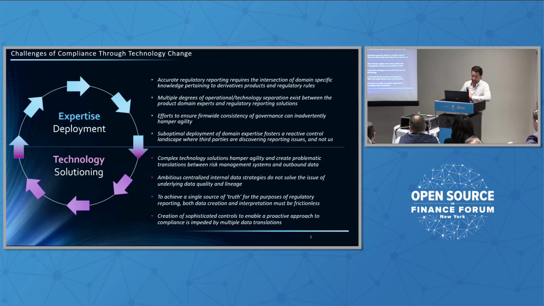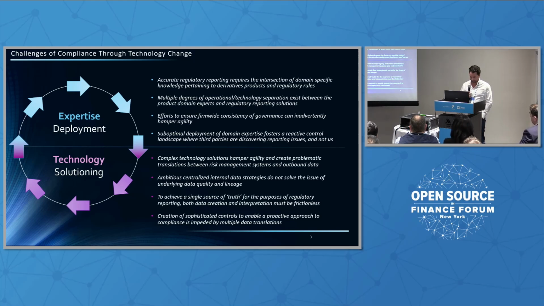Then in the technology space, depending on the size of your firm and how you've evolved, you could end up with complex technology solutions that hamper agility, creating problematic translations between the source data in risk and the outbound data. You may have undertaken ambitious centralized internal data strategies, which don't really solve the underlying issue of data quality.